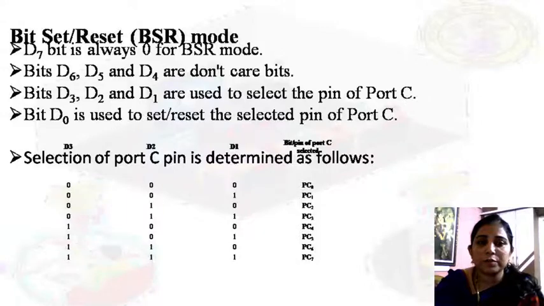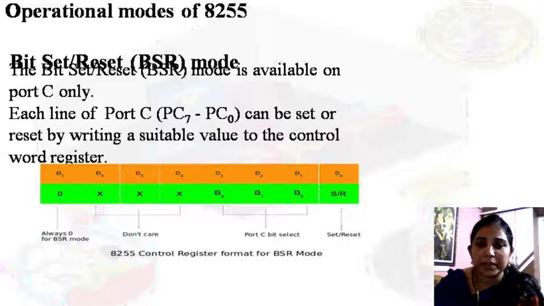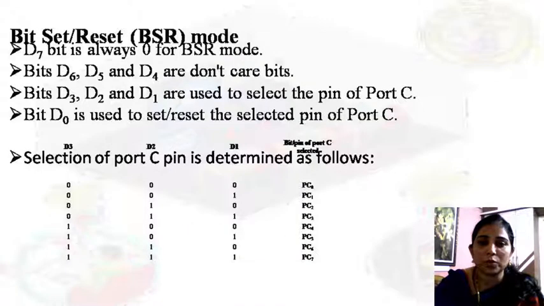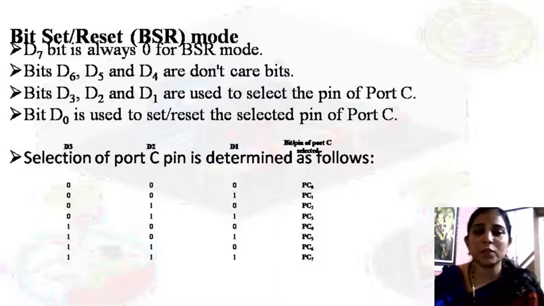The content of D1, D2, D3 decides which bit of port C is selected. If it is 0, 0, 0, then port C 0th bit is selected. If it is 0, 0, 1, port C first bit is selected. If it is 0, 1, 0, port C second bit is selected. If it is 0, 1, 1, the third bit of port C is selected.